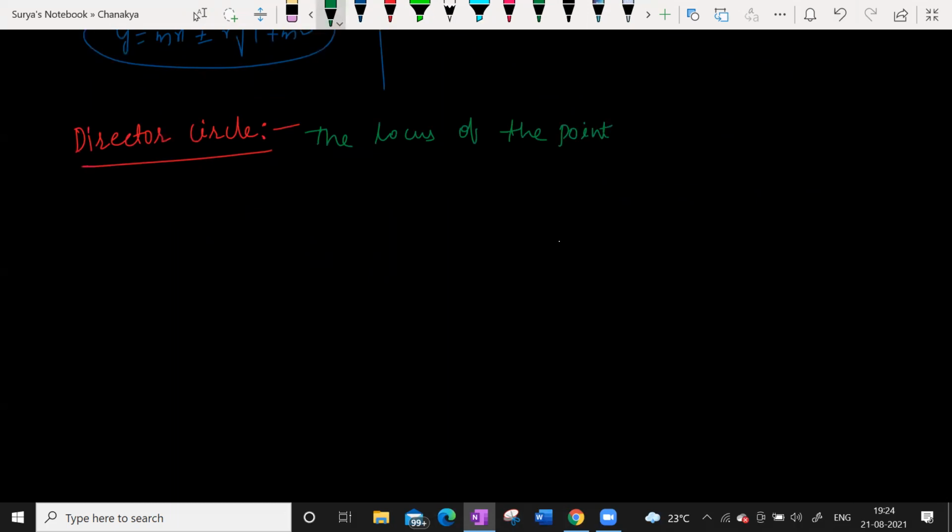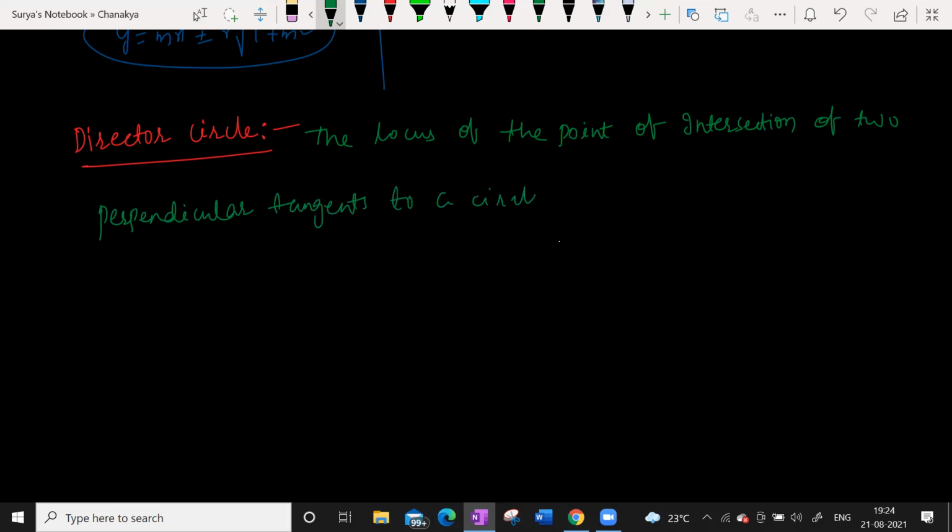The locus of the point of intersection of two perpendicular tangents to a circle.